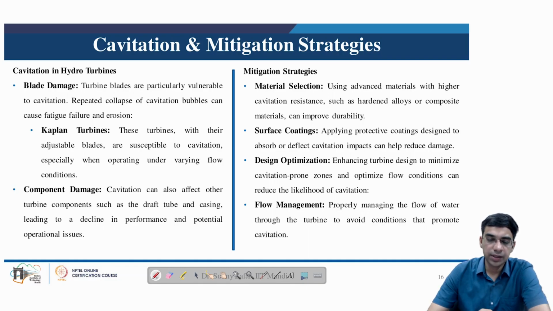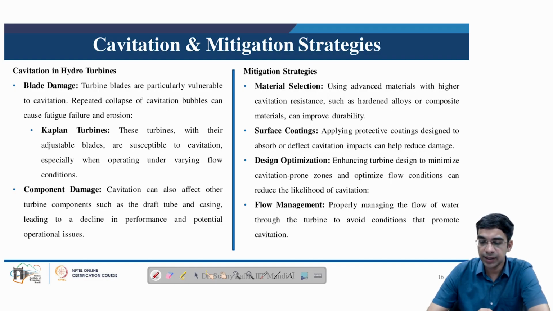and potential operational issues. Mitigation strategies here involve proper material selection, so use of advanced materials with higher cavitation erosion resistance, such as hardened alloys and composites, may improve durability. Certain types of surface coatings may also be applied to deflect the effects of cavitation and can help to reduce damage.